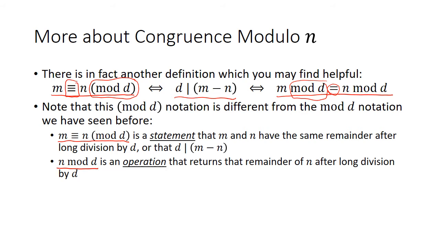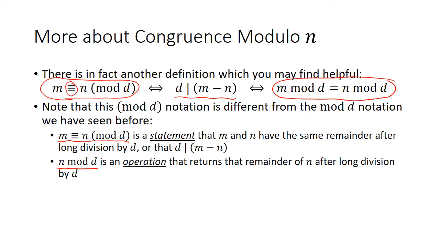But the things that they mean are closely enough related that is why we use the same mod D in both places. Here in this statement, this is saying that the remainder of M after long division by D will be the same as the remainder of N after long division by D. And this over here is basically equivalent, but it's just stating it with a different notation.